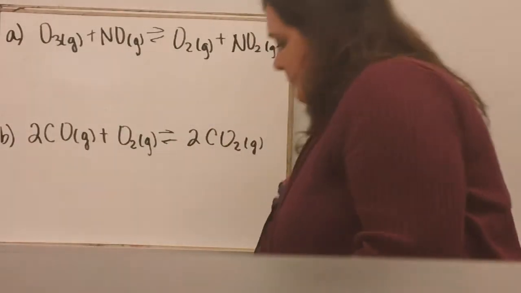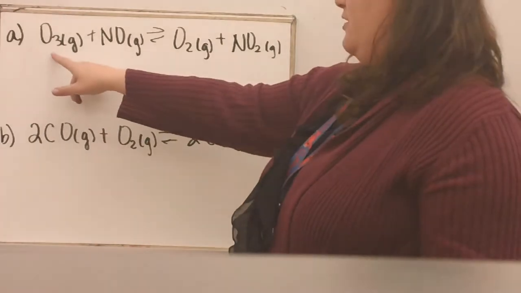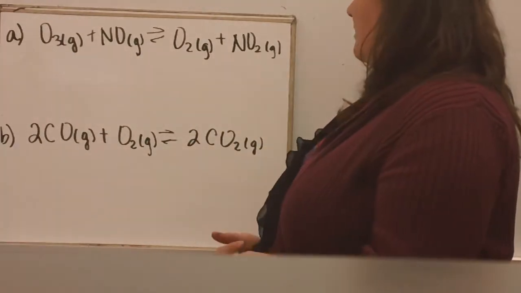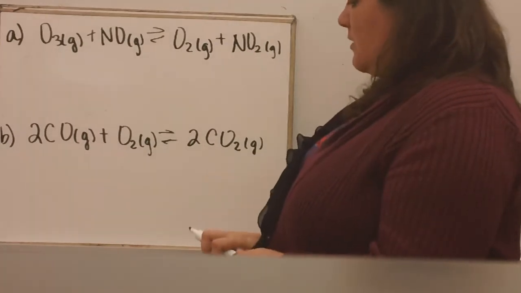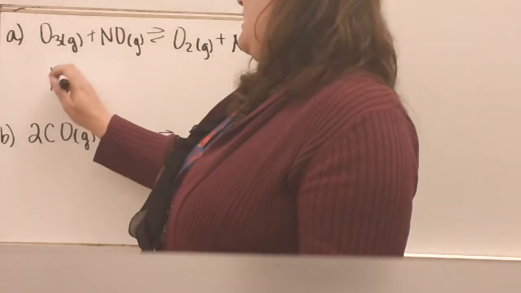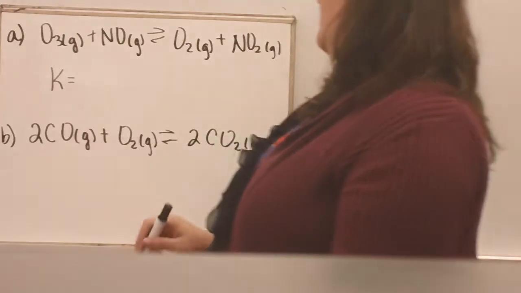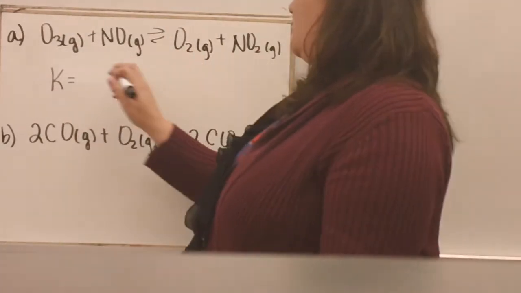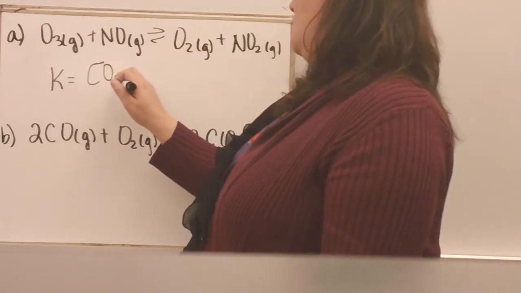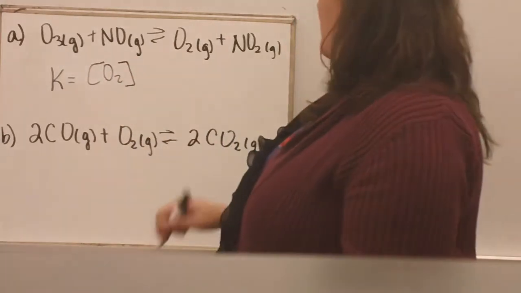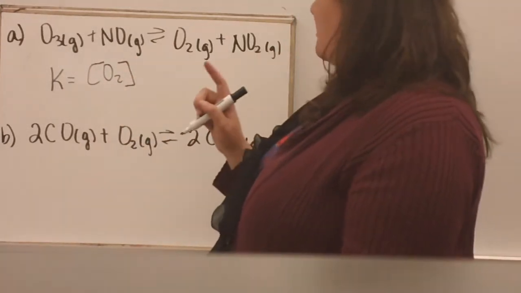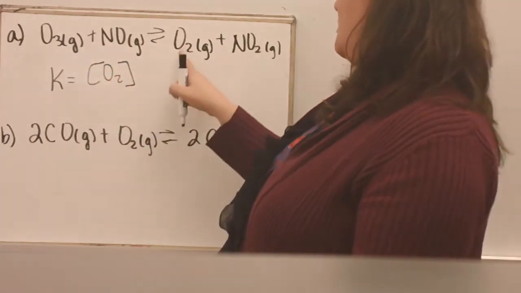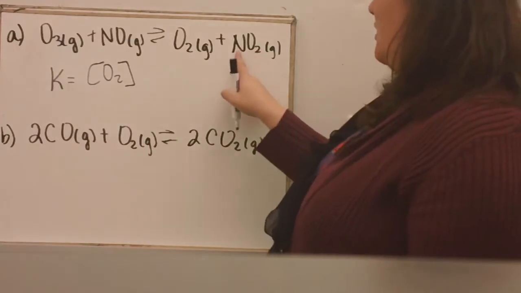Alright, so 1A, we have the reaction O3, which is ozone, plus NO goes to oxygen and NO2. To write our equilibrium expression, we'll write K equals the concentration of products over reactants. Concentration of oxygen raised to its coefficient. And we have to make sure the reaction is balanced. So we have 3 plus 1 is 4 oxygens, 2 oxygens and 2 is 4, and 1 nitrogen.